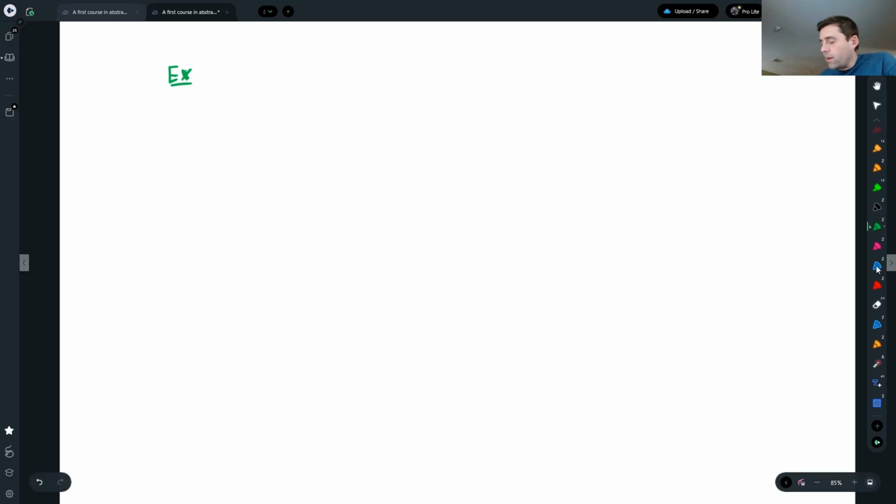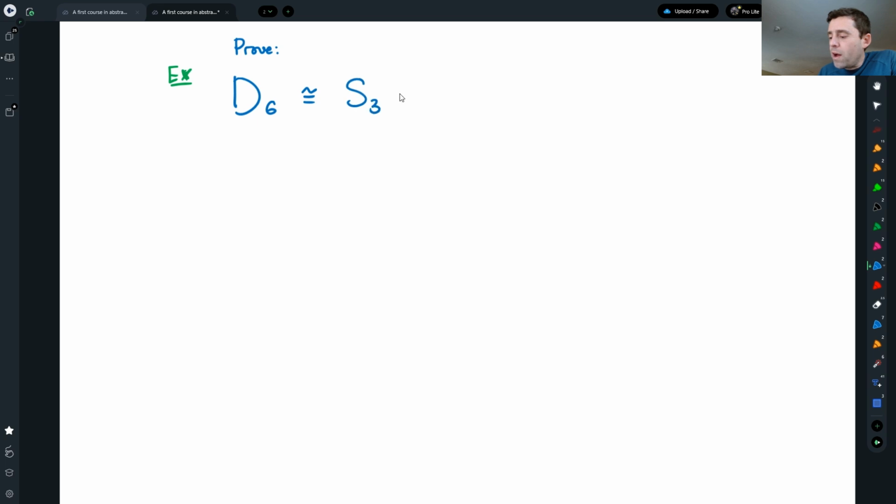It turns out we're going to prove, so maybe this can be an exercise, prove that D6 is isomorphic to that other group I talked about at the beginning. So in fact, this direct product of S3 cross Z modulo 2 is isomorphic to a group we already knew. It's D6.